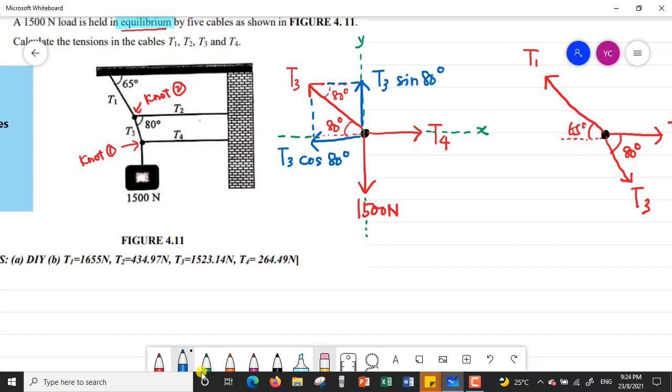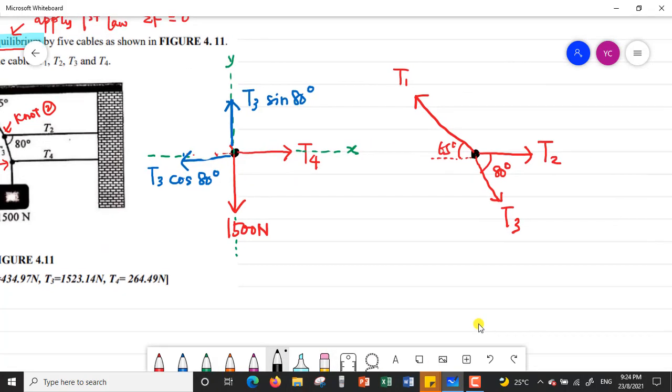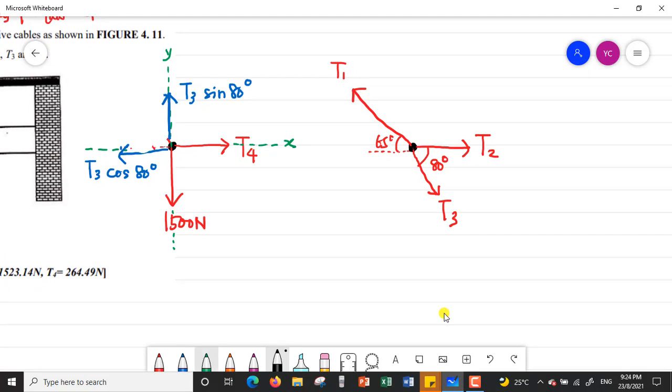So we have resolved T3 into component X and component Y. We have resolved and placed all the forces into their components. The same goes for the second free body diagram. I put my axes.